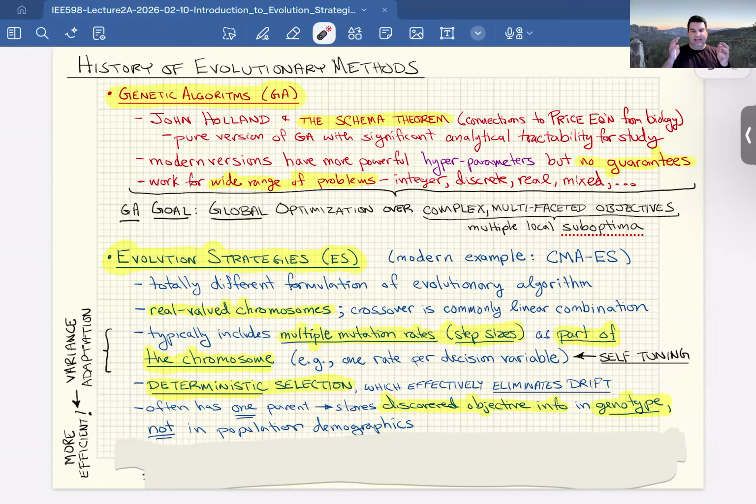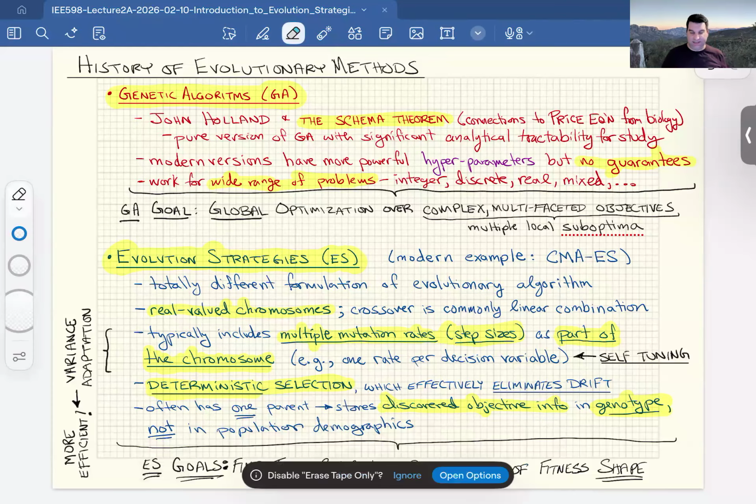So that manages to store discovered info about our optimization objective into the genotype that's not stuck in the population demographics. And so that's why in ES, it's not uncommon to only have a single parent.